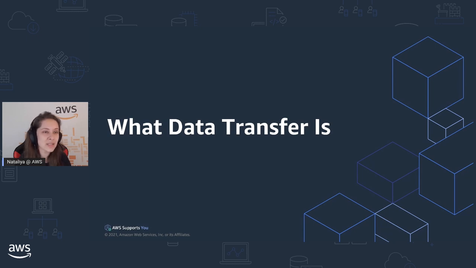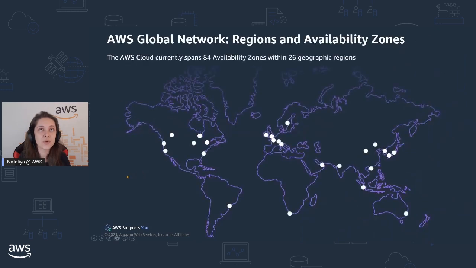Right, so data transfer happens when you cross boundaries in the network. Different activities may drive network communication across those boundaries, and that communication is measured and in some cases charged. So in terms of our network, since you've come to watch this presentation today, you are likely familiar with the concept of regions and availability zones in the AWS Cloud.